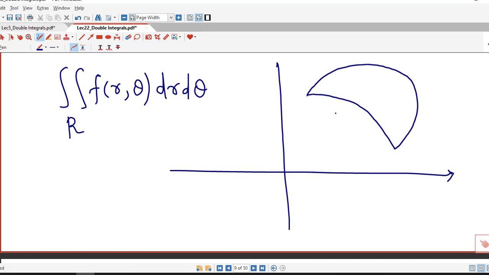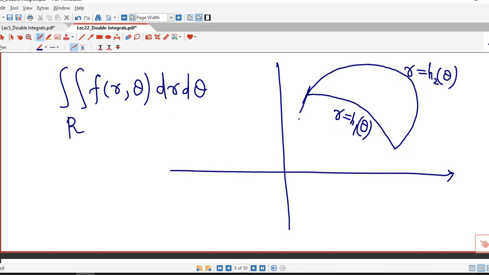Suppose this lower curve is r equal to h1 of theta, a function of theta, and this upper curve is r equal to h2 of theta.